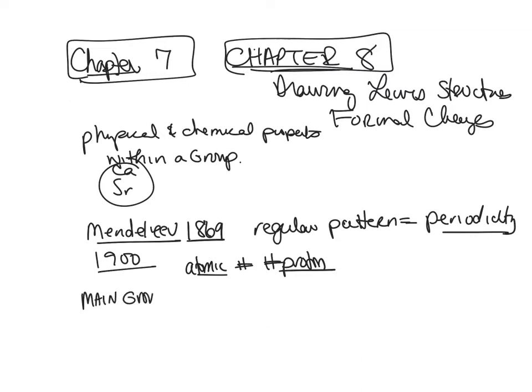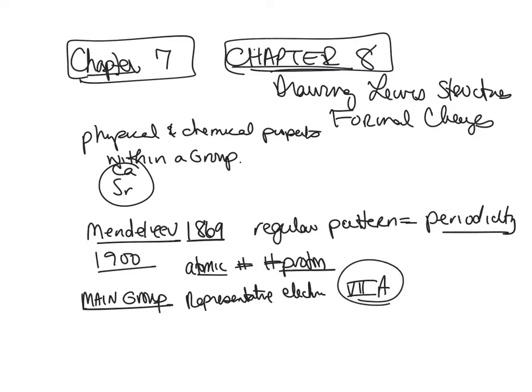Okay, so we have main group elements. And this is what I like. I like the main group elements. And these are also called representative. And if you look on your periodic table that you're given, you see these are like Roman numerals, and these are A. So that would be 5, 6, 7A. So I call that the 7th group. And then you've got transition metals.